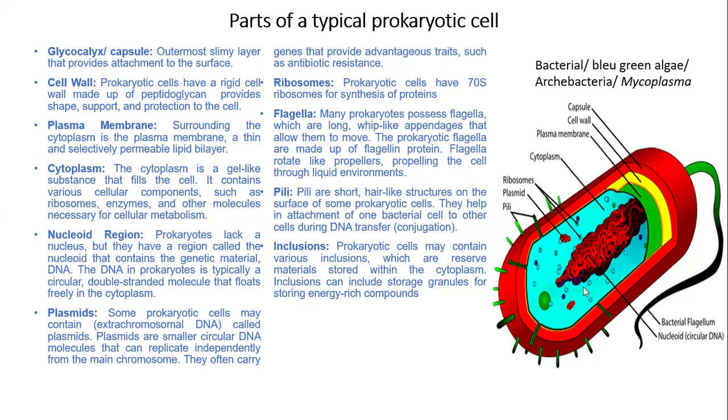All the materials present inside the cell are suspended freely in the cytoplasm. So the cytoplasm contains the nuclear DNA, ribosomes, and plasmid, which is extra-nucleoid or extra-chromosomal DNA.